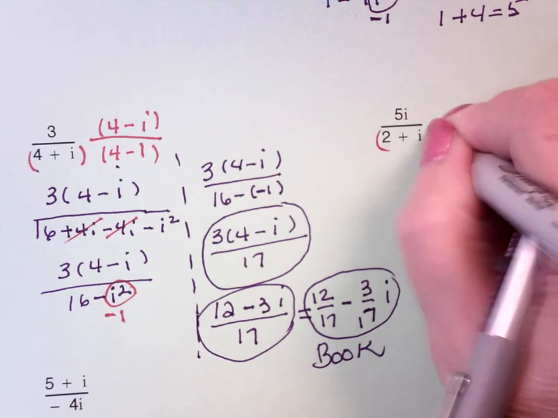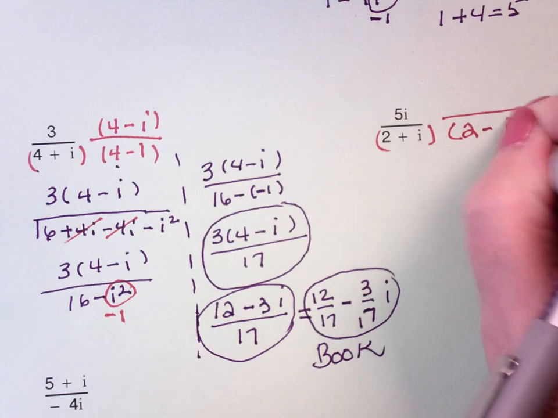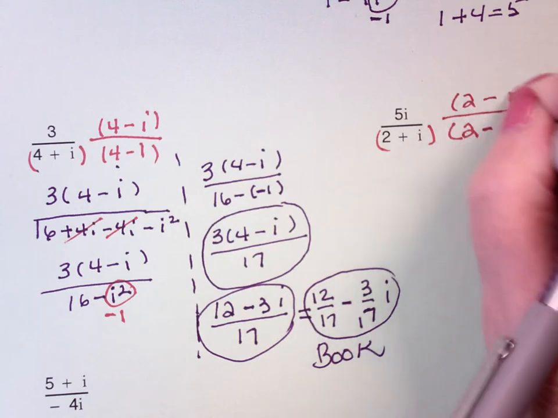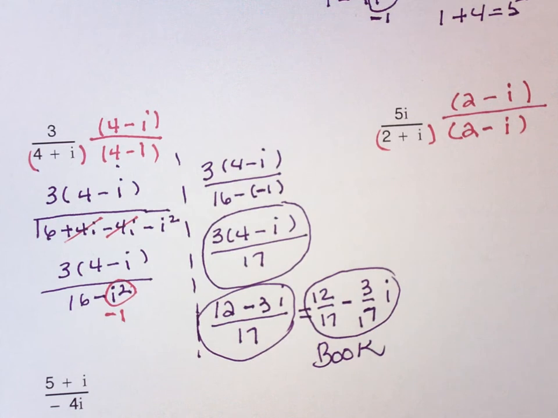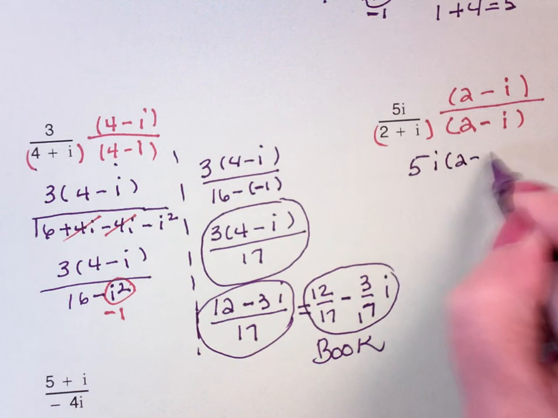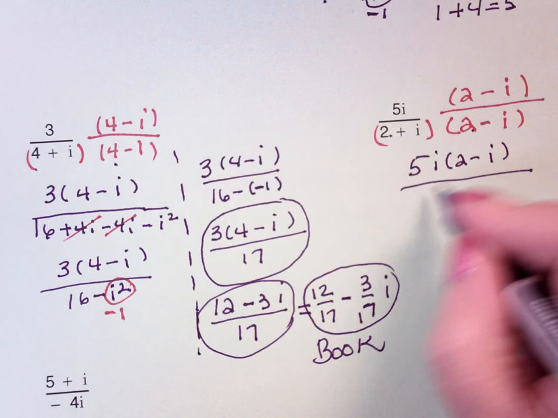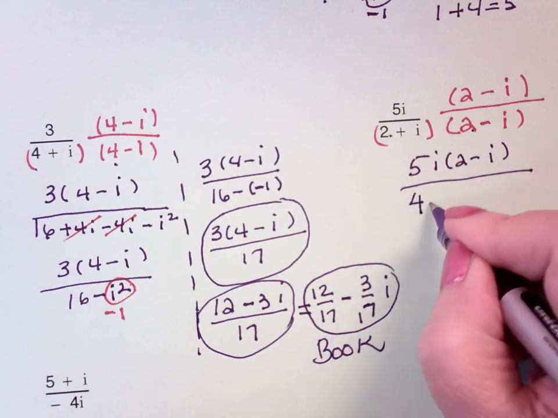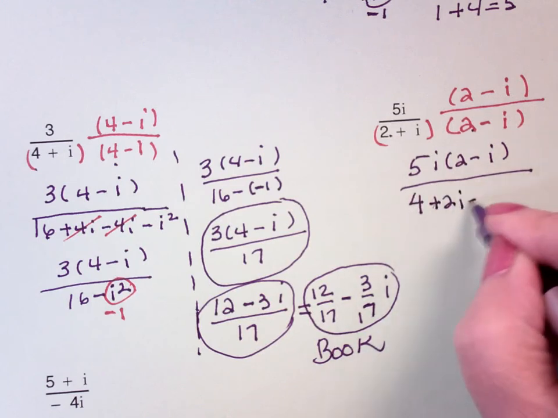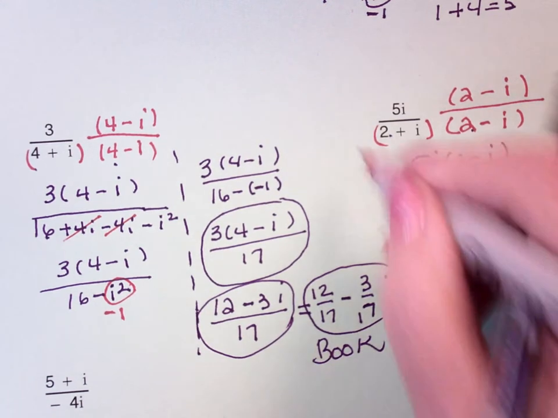Again, I need to multiply by the conjugate. So in this case, this would be 2 minus i. So this becomes 5i times 2 minus i over 2 times 2, well, that's 4. Inner is plus 2i, outer is minus 2i, and last is minus i squared. Plus 2i minus 2i adds to 0.